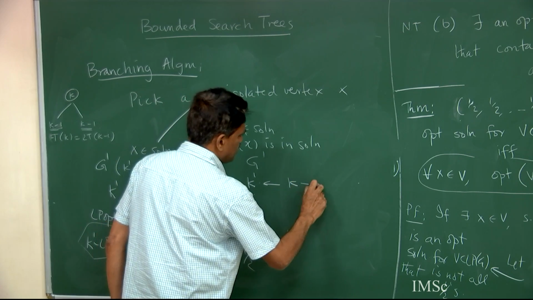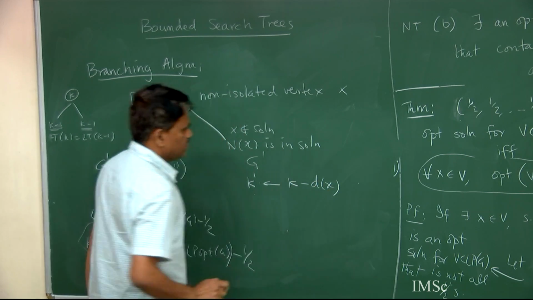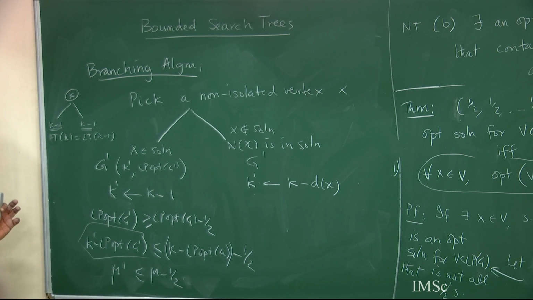K minus degree of x, right, because that is the number of vertices I picked into my solution.